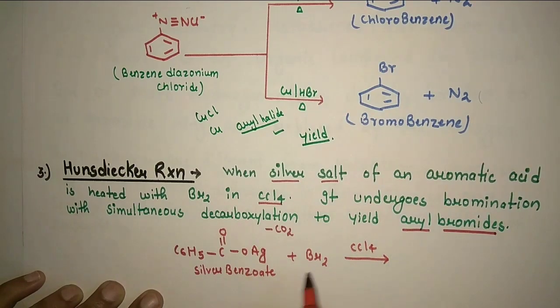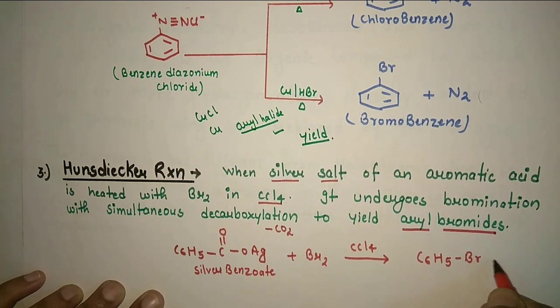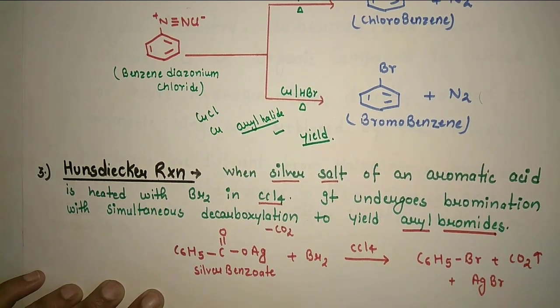It undergoes bromination and simultaneous decarboxylation, that is this CO2 is released. So it will form this bromobenzene, C6H5Br, plus CO2 is evolved as a gas and plus AgBr is formed as a byproduct.